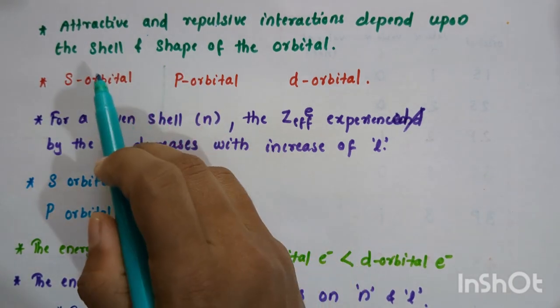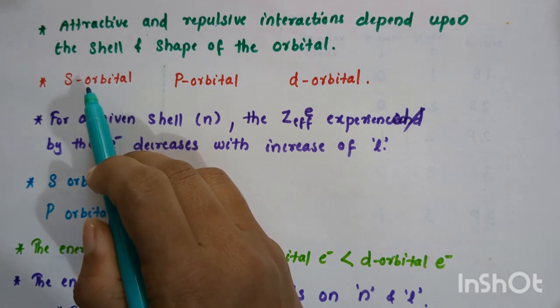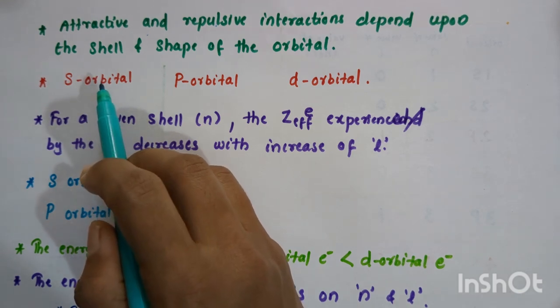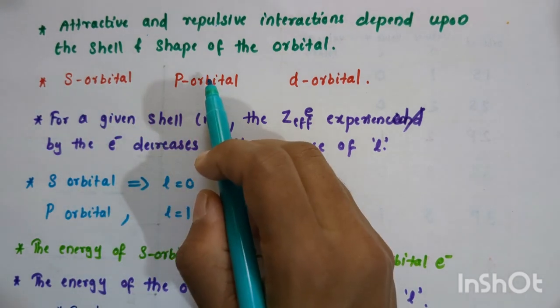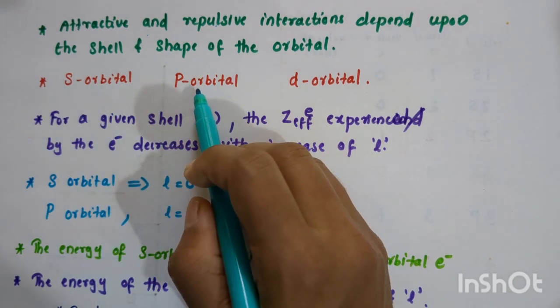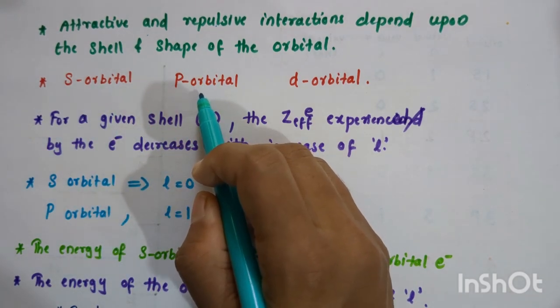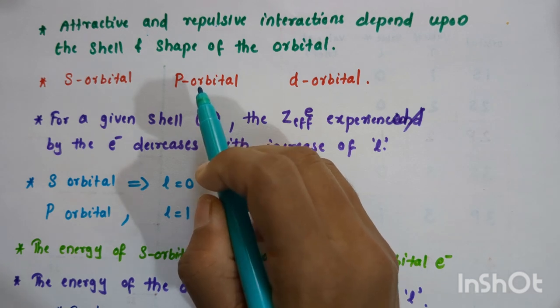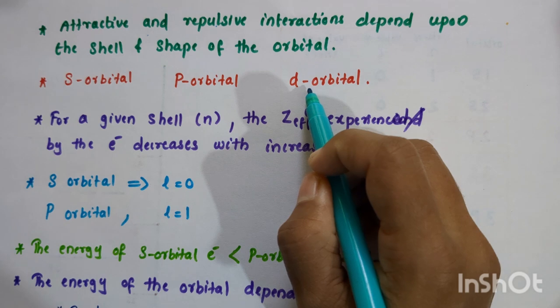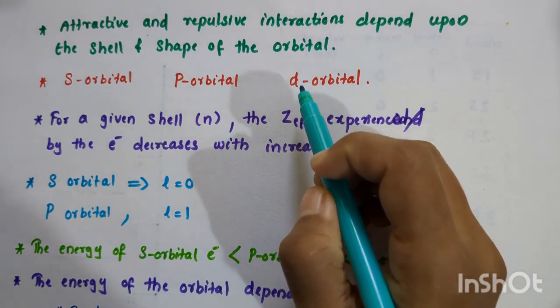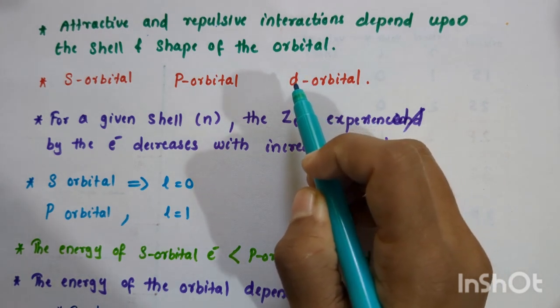The electrons present in the p orbital shield the outer electrons from the nucleus more than the electrons present in the d orbitals, even though all the orbitals are present in the same shell.